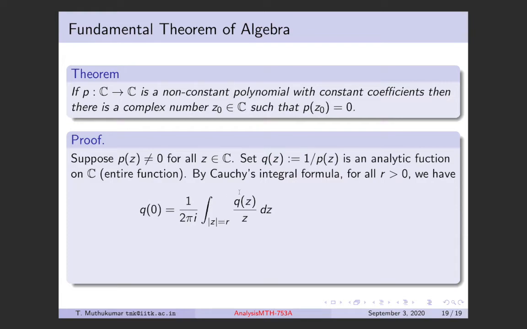By Cauchy's integral formula, the value of q at 0, which is an interior point, is 1 over 2 pi i times the integral over that closed contour of q(z) by z. Here it's z minus 0, so it's actually q(z) by z. And this is valid because q is an analytic function, a holomorphic function for us.